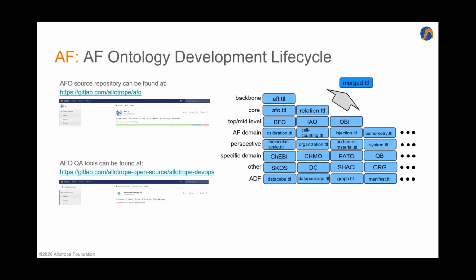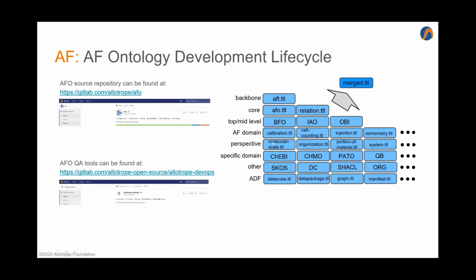So we looked over the many domains of the ontology. We looked at the backbone, the AFT. We touched the core, the AFO Turtle file. We discussed a little bit about the top and mid-level ontology, the BFO, and there are many other domains which are Allotrope related, such as calibration, injection, cell counting, and so on.